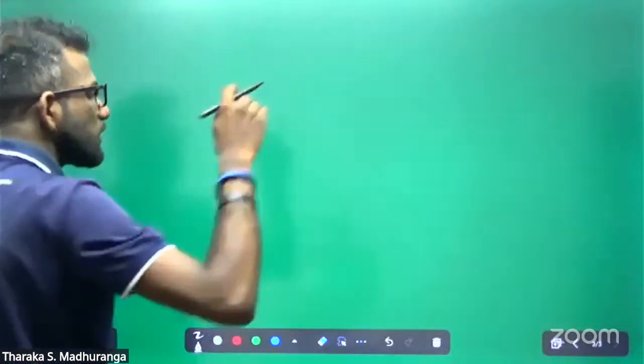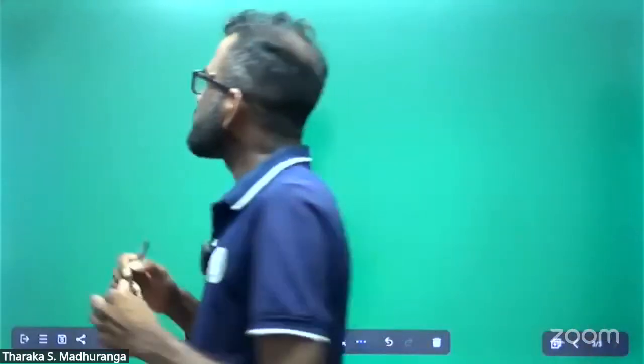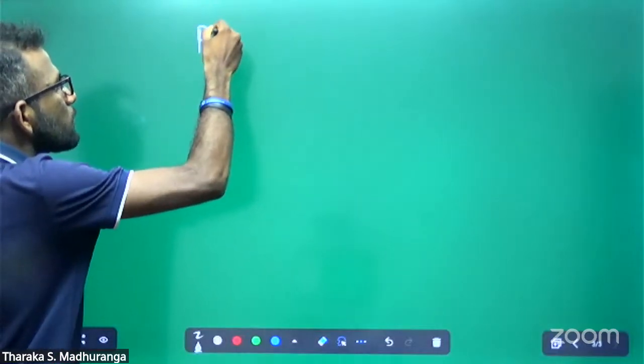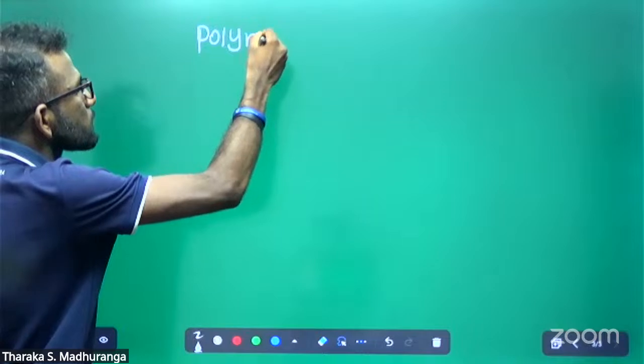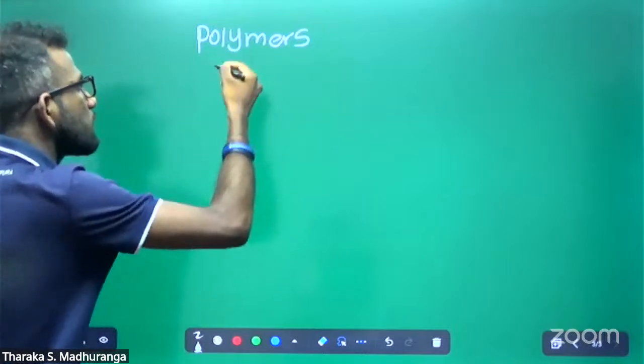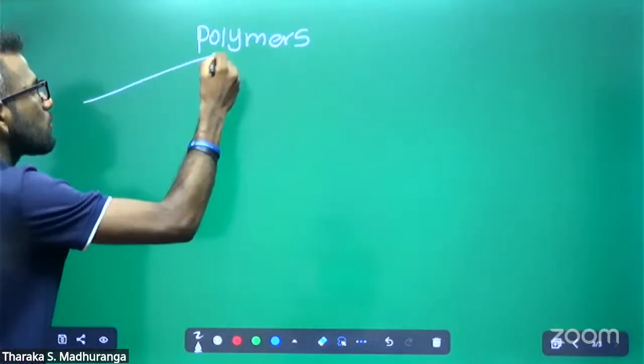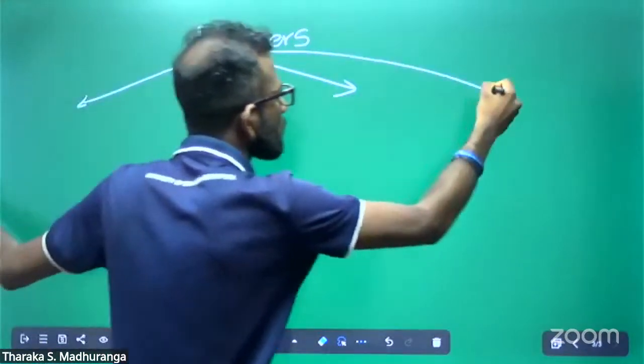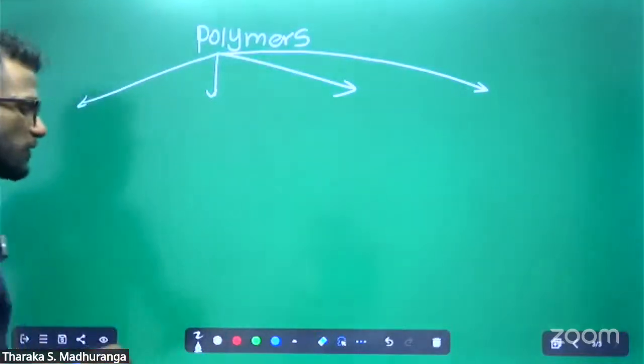Polymers we can classify according to 4 main categories. Remember, 4 main categories.